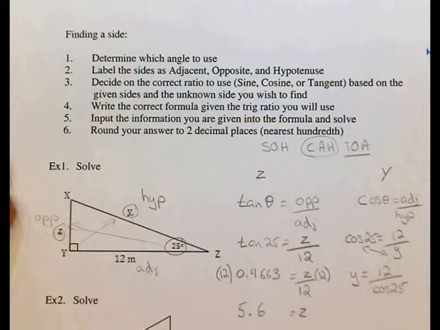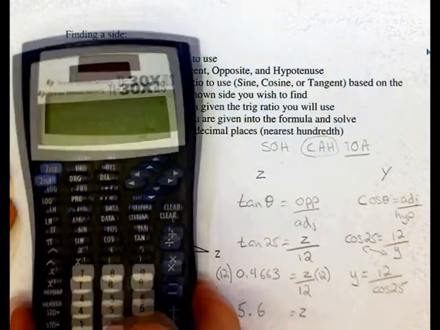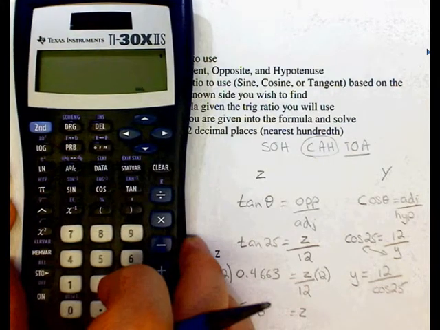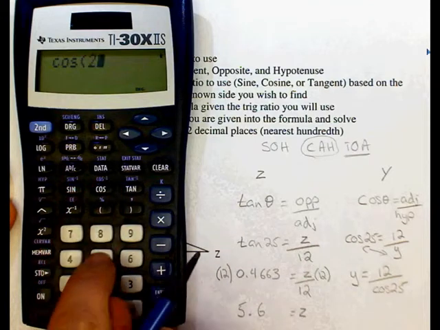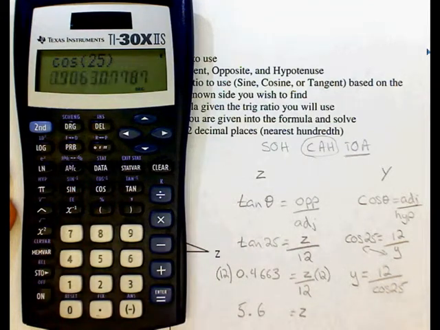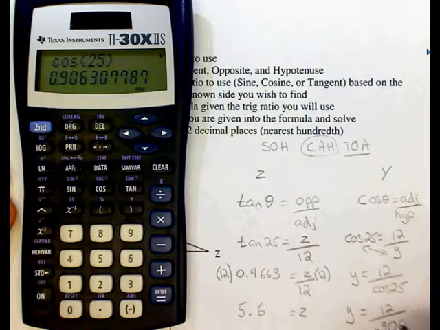Let's go back to our calculator. Cos of 25 is 0.9063. So y equals 12 divided by 0.9063.